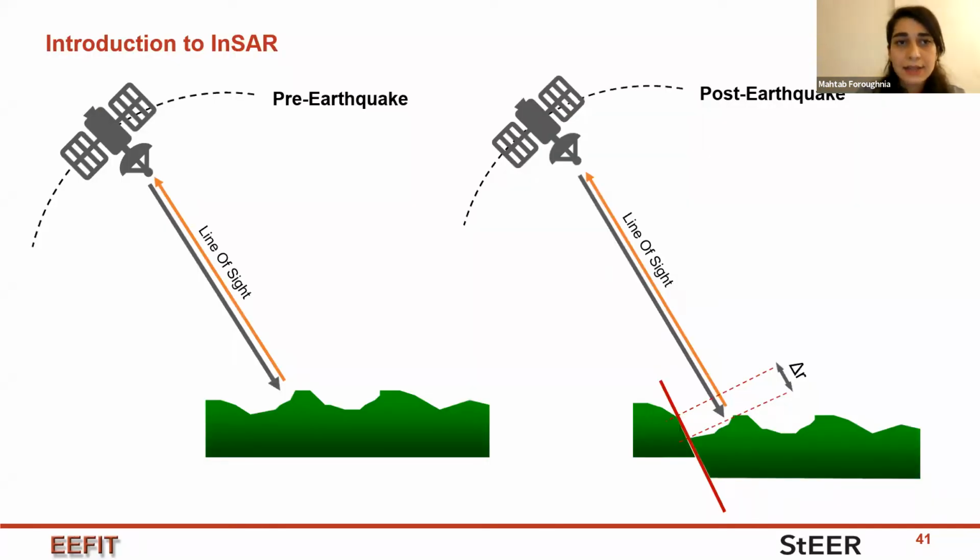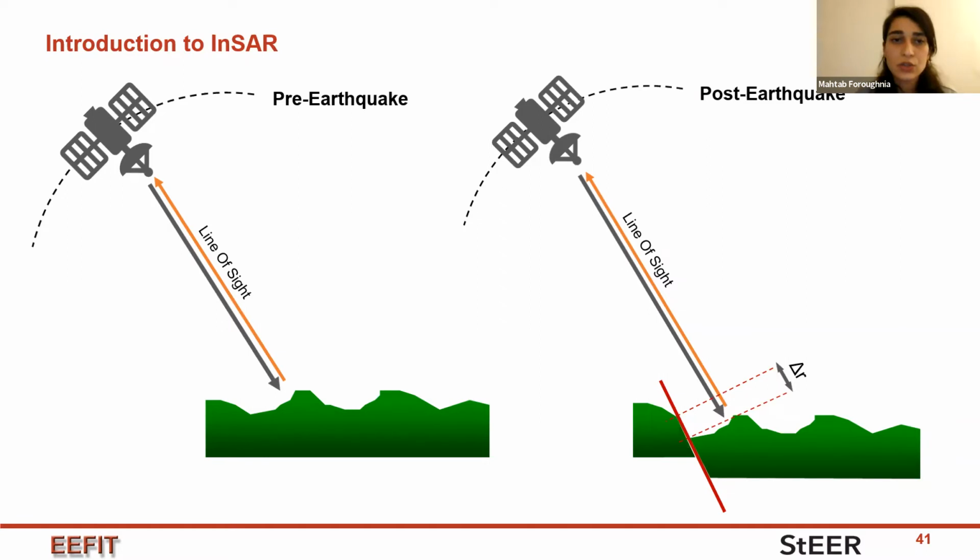SAR is an active imaging system which sends and receives signals along the line which is connecting the ground surface and the satellite, and which is called a line of sight or LOS. It basically measures the distance between the ground surface and the satellite, and also the time of acquisition.